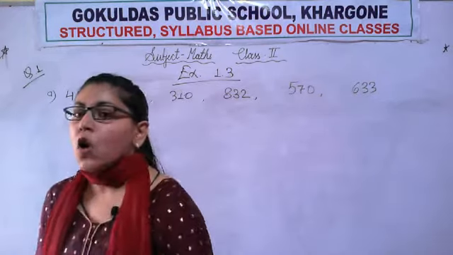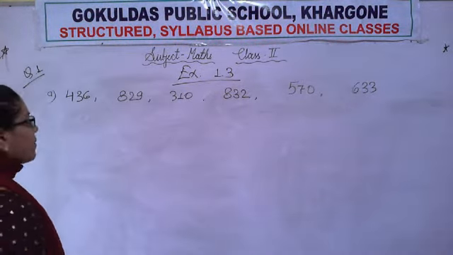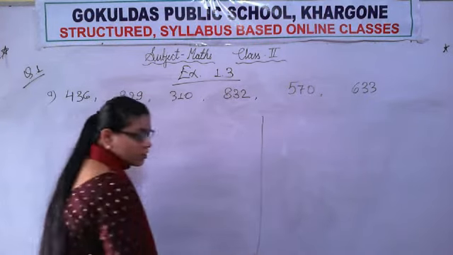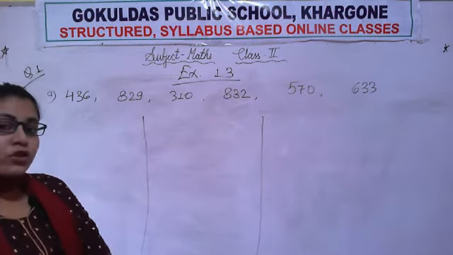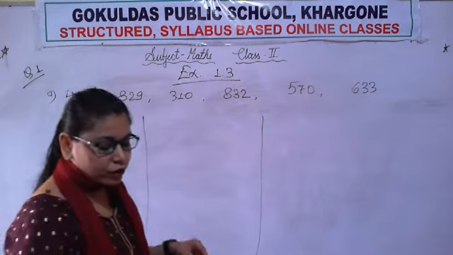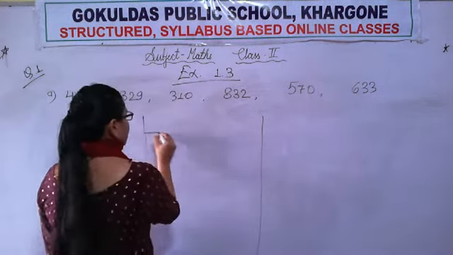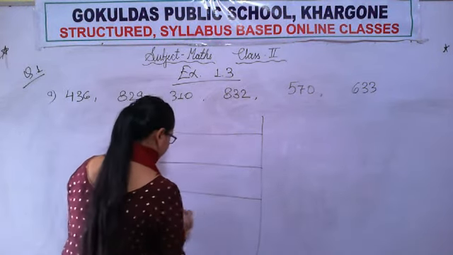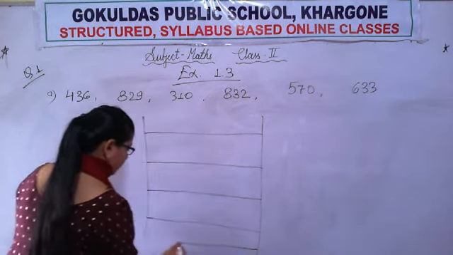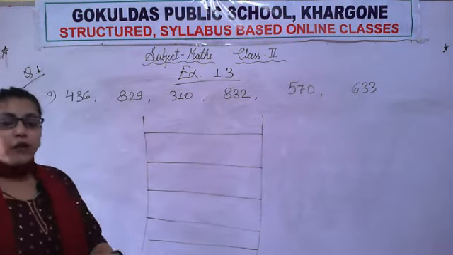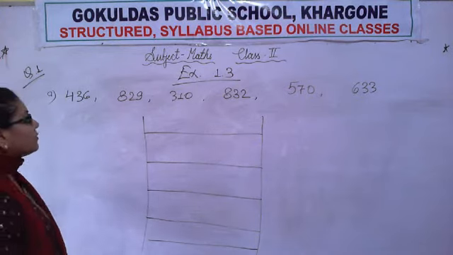Now, as you know, ascending order is putting the numbers from smallest value to biggest value. Now, which one is smaller among all these numbers? Try to find it out on your own.